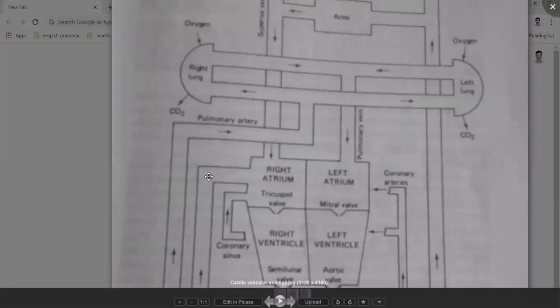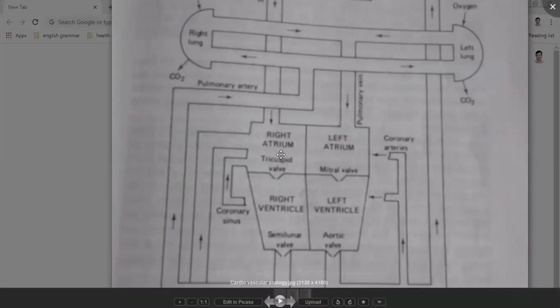When sufficient pressure builds up in the right atrium, there is a wall between the atrium and the ventricle. This is called the Tricuspid Valve. The Tricuspid Valve opens when the blood pressure in the right atrium increases, or we can say when it is contracted.